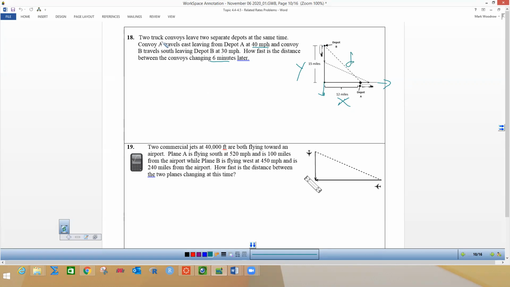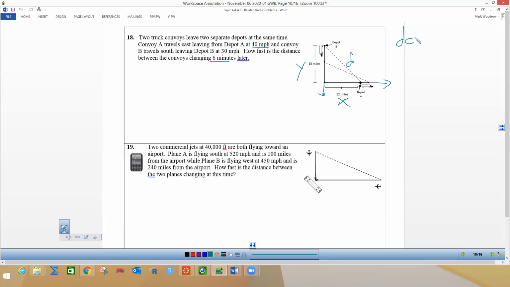So what this thing is saying is, we want to know how fast is the distance between these two things changing, between these trucks. So what are we looking for? If fast is a rate, what are we looking for? I think you said it right. dD over dt.